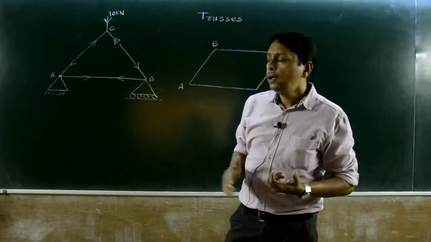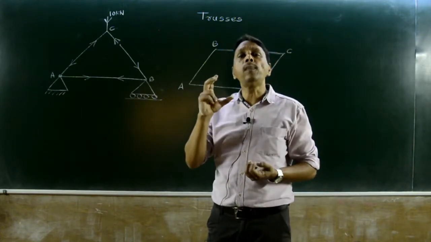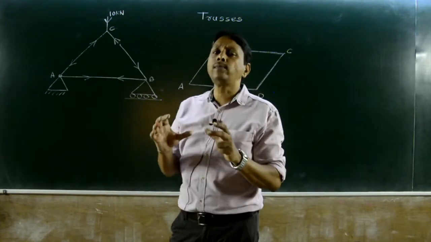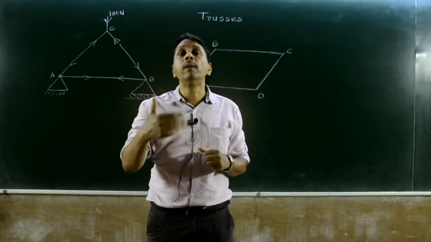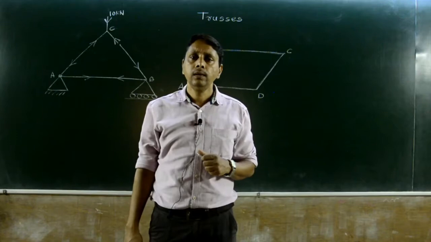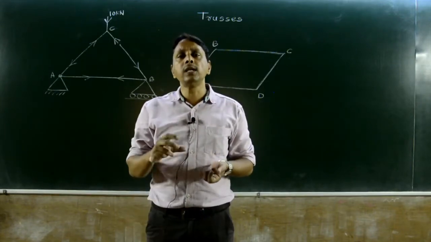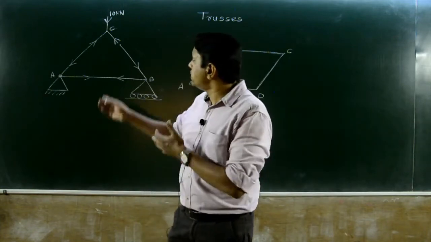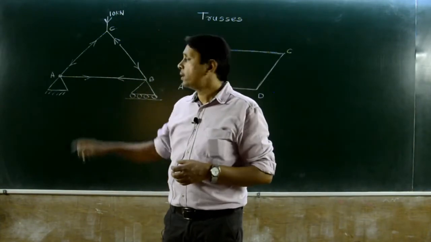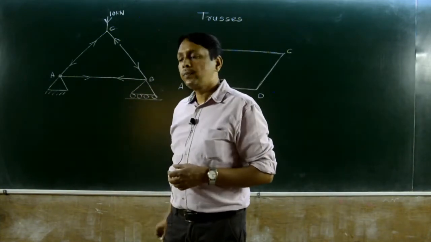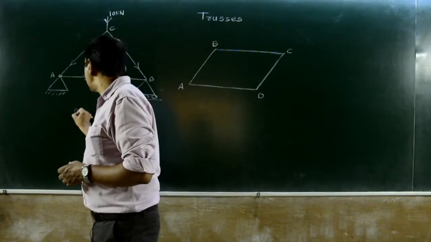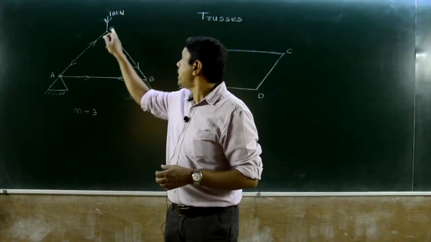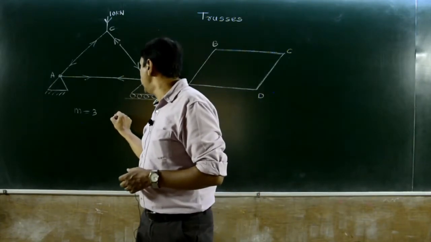Now let us clear in short the types of trusses. Basically there are only two types of trusses, perfect truss and imperfect truss. That depends upon the number of members and joints. In this triangle, how many members are there? 1, 2, 3. So there are 3 members, and joints A, B, C, so joints also 3.